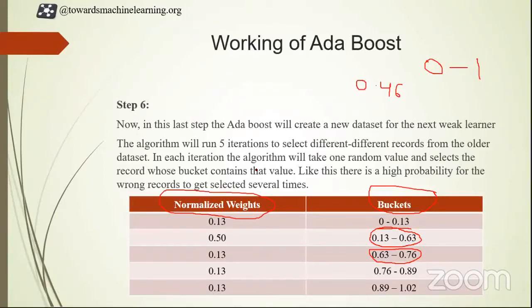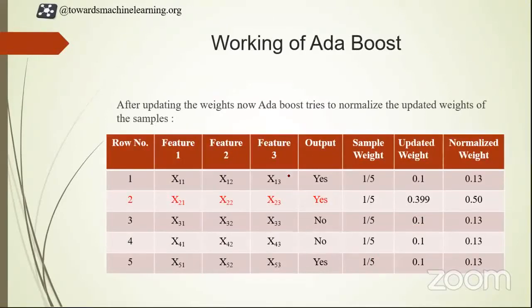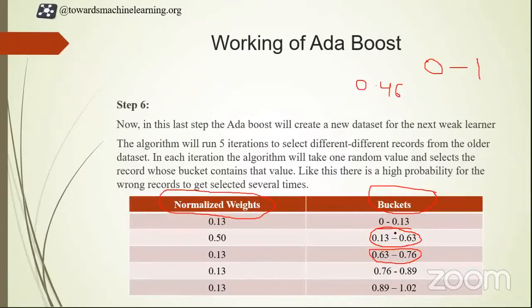Okay, so as we can see in our table, which is behind this, this second record is the only misclassified sample. Now in the first iteration, we have got this record only selected. Now in the second iteration, let's say our random value will give 0.53.